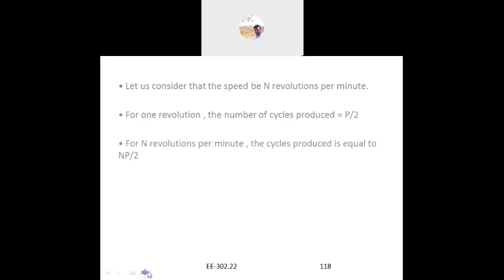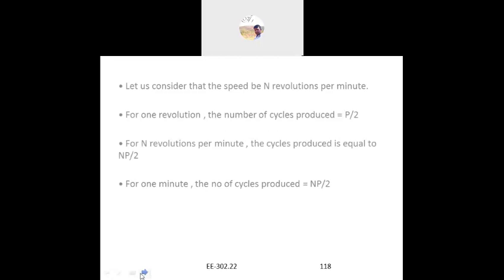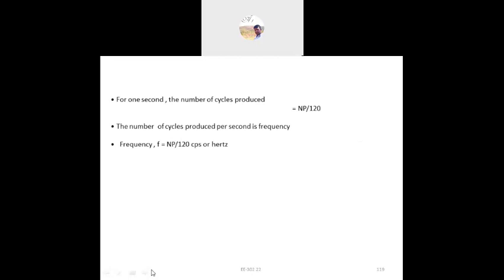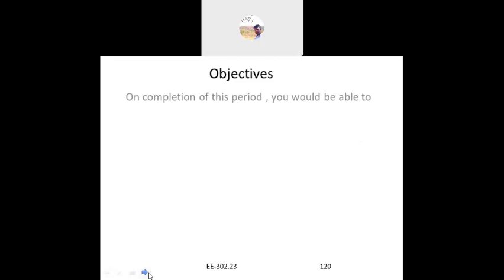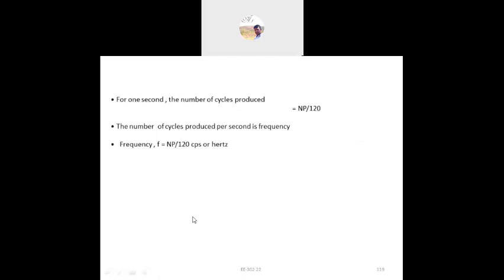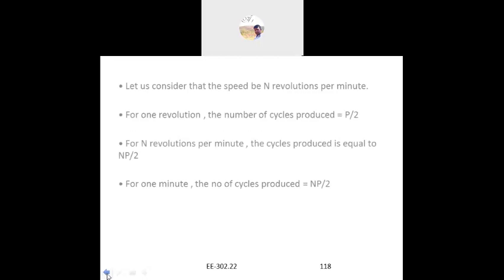Here we are not going to discuss that in detail; we just have to look at the EMF production. So the frequency is equal to NP by 120. How is it derived? Consider the speed is N revolutions per minute.